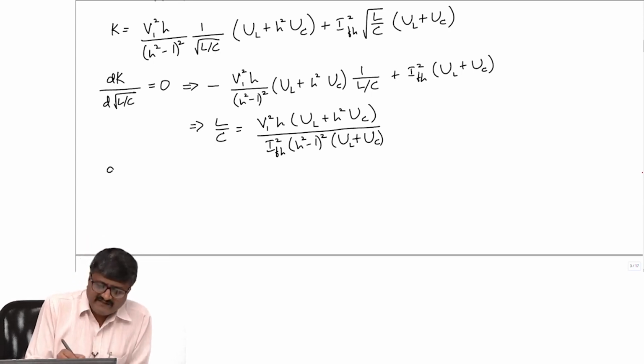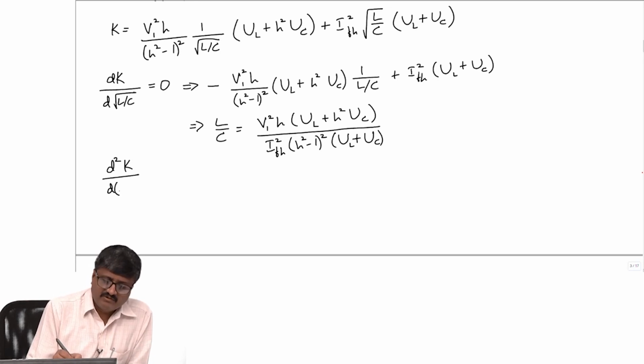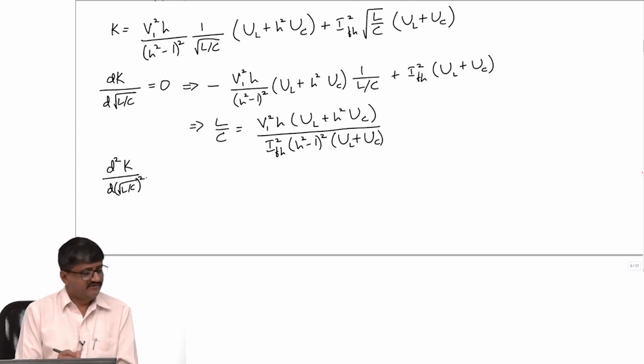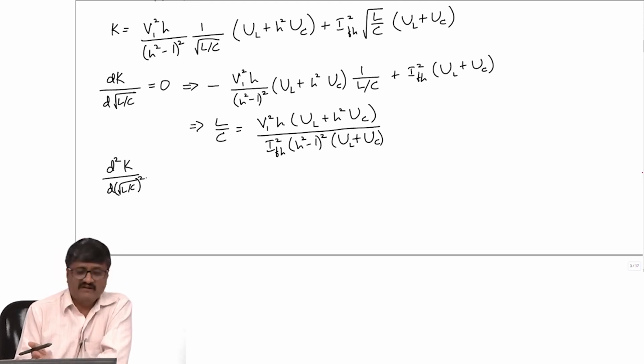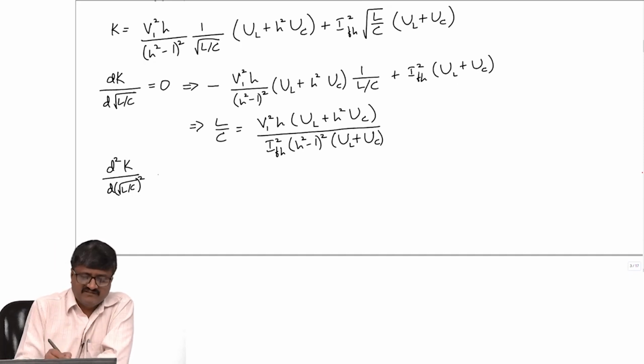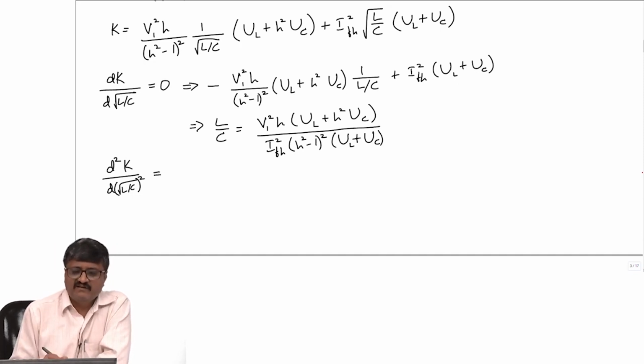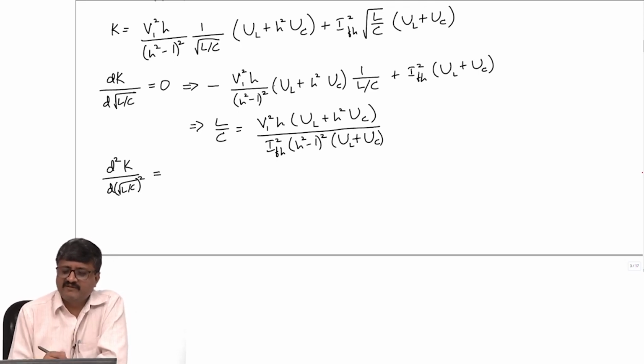So, take the second derivative of K with respect to root L by C, evaluated at the value which is just now obtained. What is the expression for the second derivative of K? We have the first derivative of K, so differentiate it again with respect to L by C.